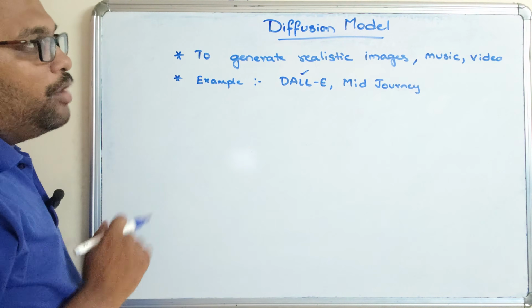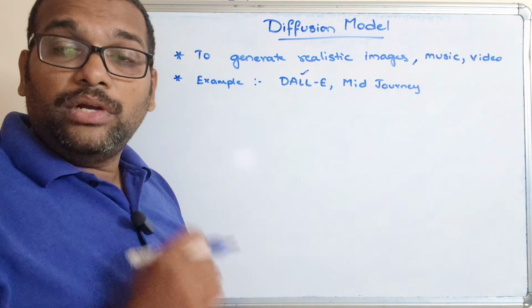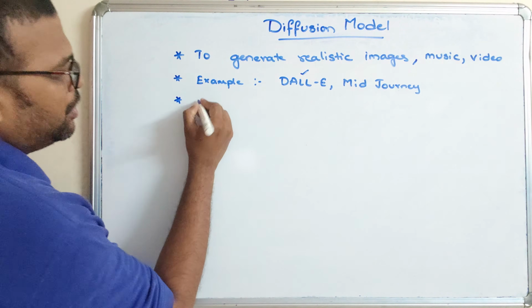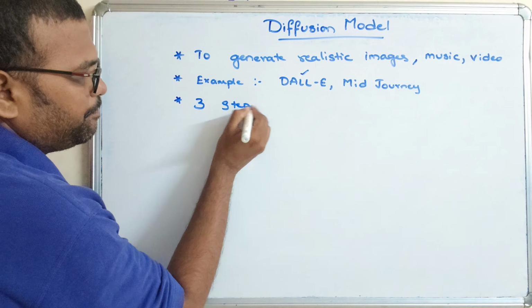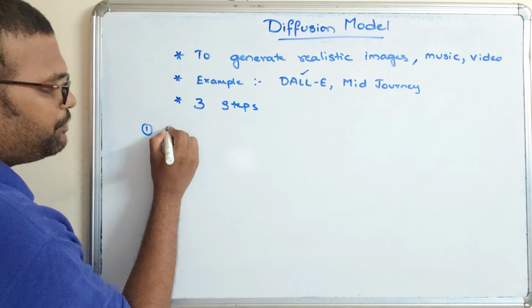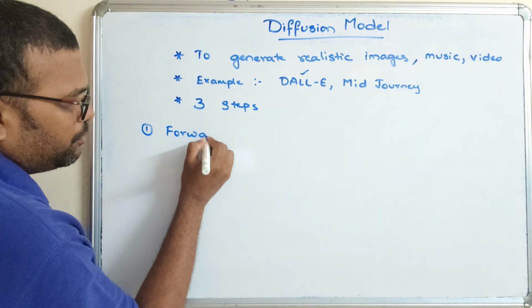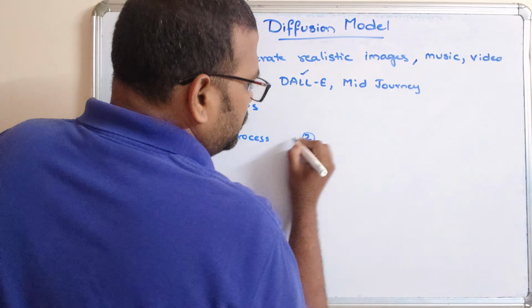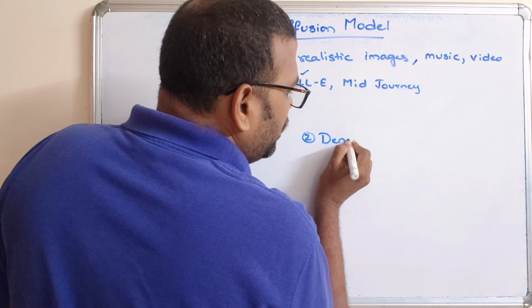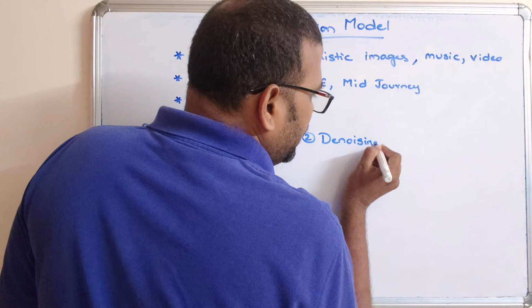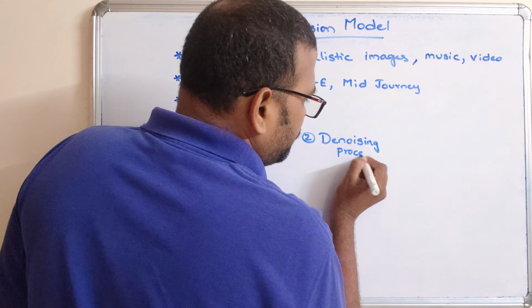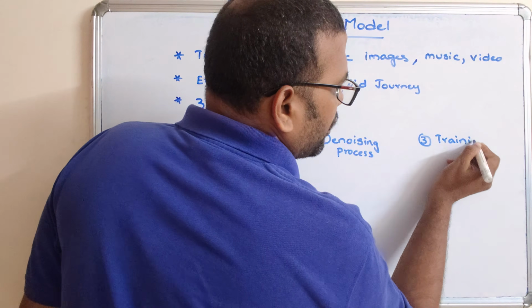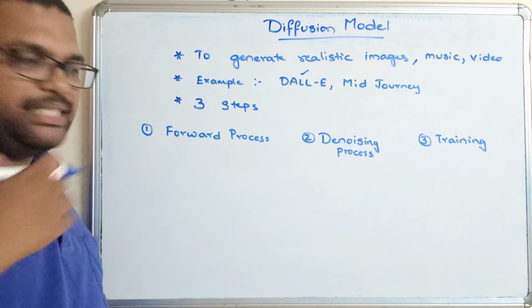Now, how does this diffusion model work? It works in three steps. What are those steps? The first one is the forward process, the second one is the denoising process, and the third one is training.